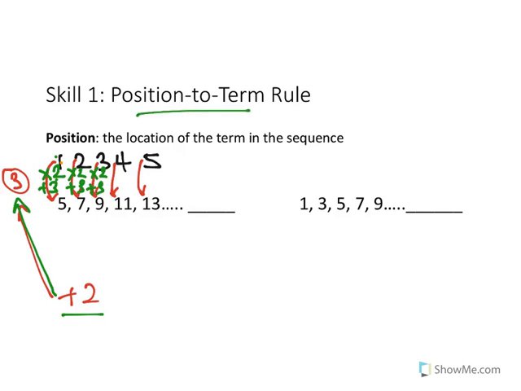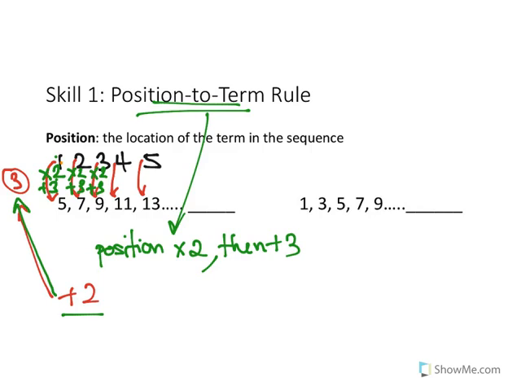So the position to term rule for this sequence is to take your position, which is the first, second, third, fourth, or fifth, whatever number you want, multiply it by 2, then add 3. That is the position to term rule.